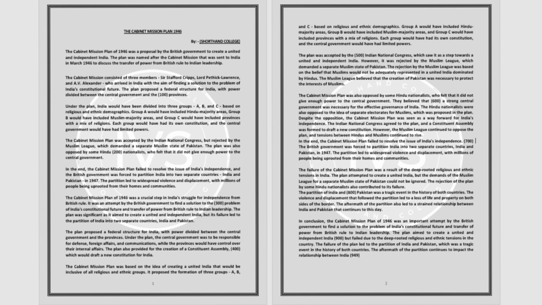Group A would have included Hindu majority areas. Group B would have included Muslim majority areas, and Group C would have included provinces with a mix of religions. Each group would have had its own constitution, and the central government would have had limited powers.